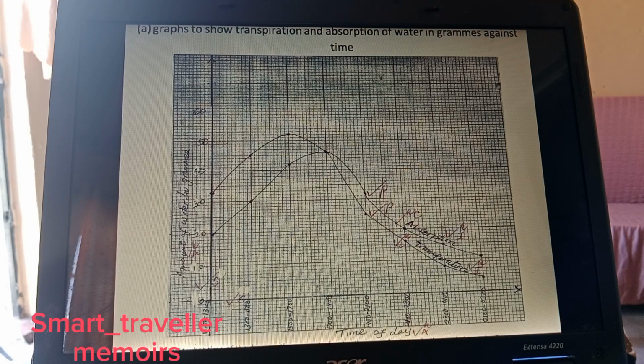Graph to show transpiration and absorption of water in grams against time. Time of the day is down there, and absorption of water in grams. Then you have the times 13 to 15, 15 to 17. You see they are in equal intervals. Then we start from 0 to 60.